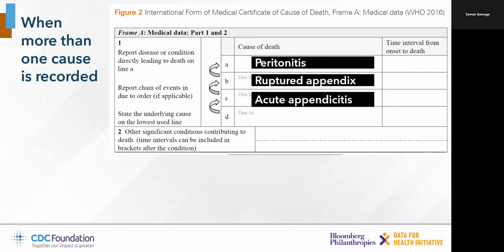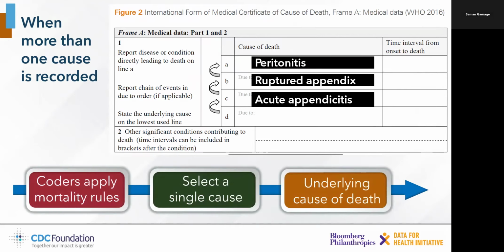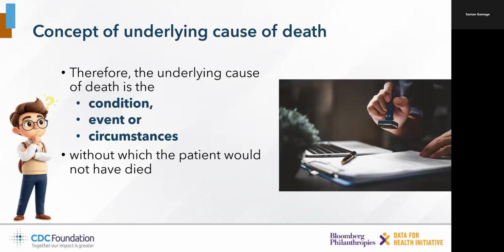When more than one cause is recorded, coders apply mortality rules, select a single cause, and it is given the special name underlying cause of death. Therefore, the underlying cause of death is the condition, event, or circumstances without which the patient would not have died.